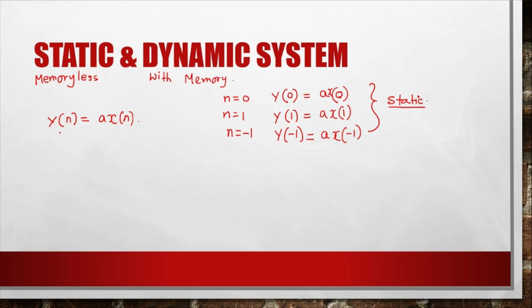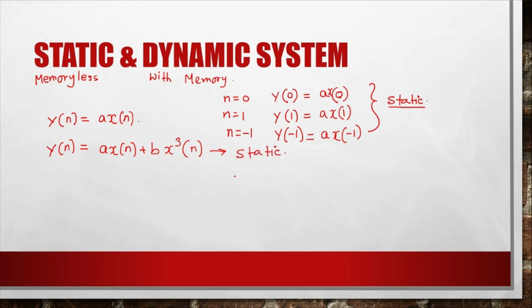Another example, if I give you, may be like this: a x of n plus b x cube of n. That means the order is 3, but it depends only on the nth instant, the same instant. That's why it is also an example of a static system.